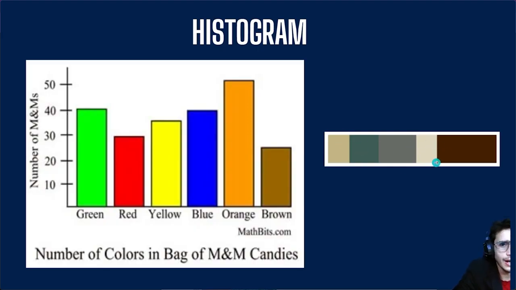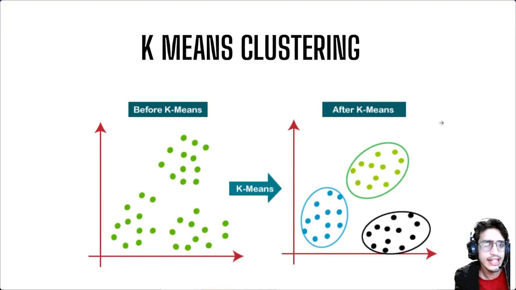So now our question is how we will make this type of graph. How will we know which color is dominant? So here our K-means clustering concept comes into the picture. K-means clustering is an unsupervised machine learning algorithm which makes clusters of similar items. Like here, these are some points which were given in the image.